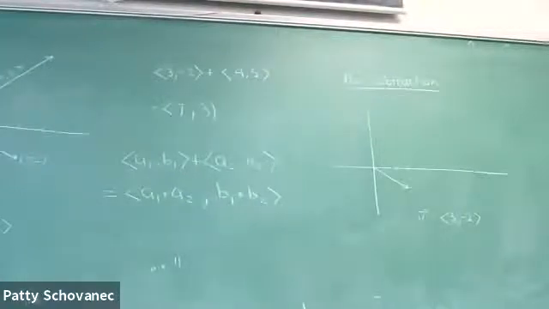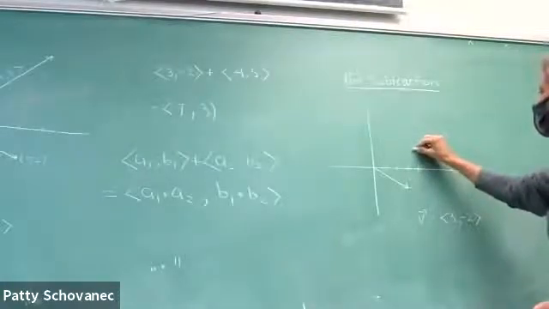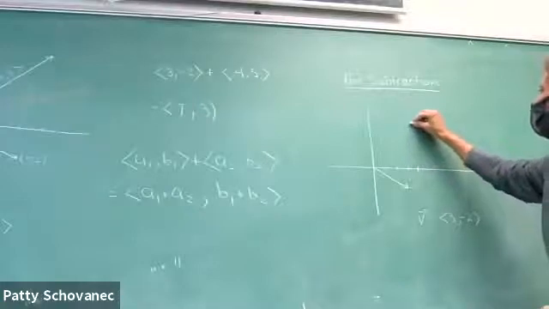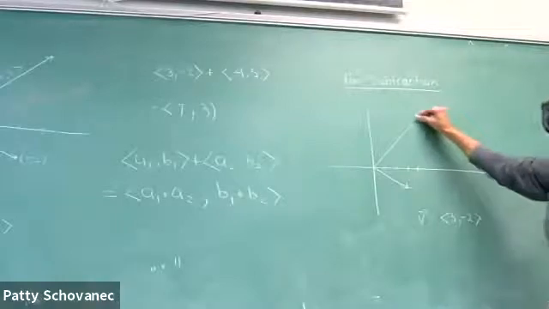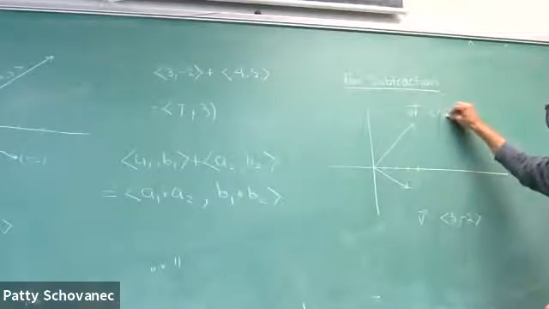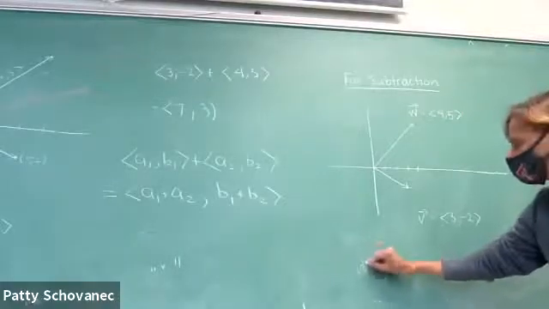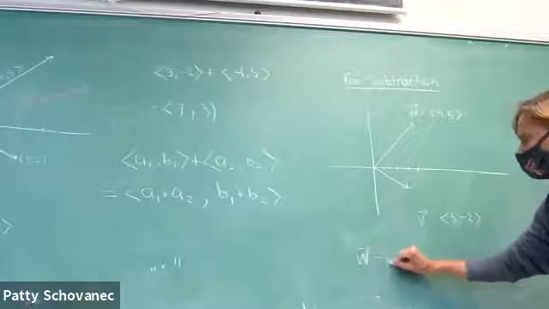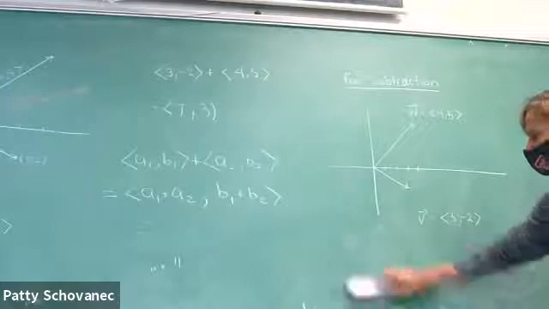Okay, and now let's put the vector W, whose components are 4, 5. So 4, 1, 2, 3, 4, 5. So if I want to compute W minus V, I guess I should say V minus W, that's the way it'd be written in the book. Let's go V minus W.